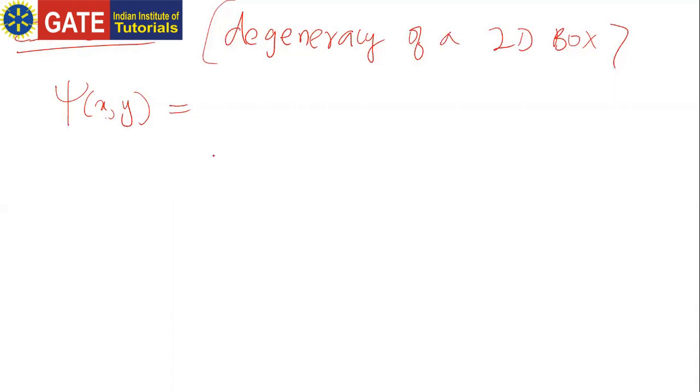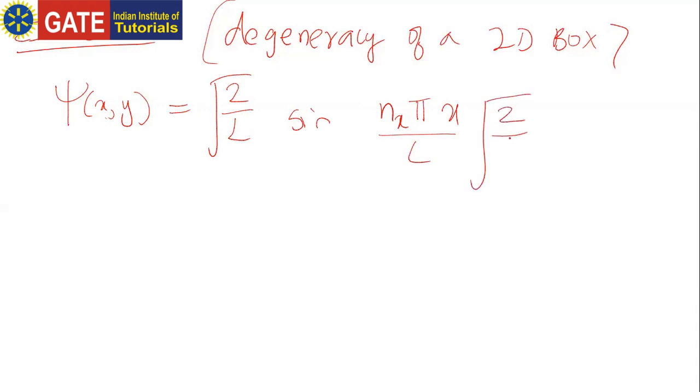Psi of xy equal to root of 2 by L sine nx pi x by L into root of 2 by L sine ny pi y by L. For 1D box, directly we can write root 2 by L sine n pi x by L. But for 2D, remember nx and ny.